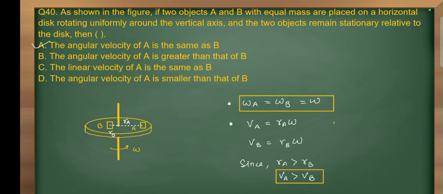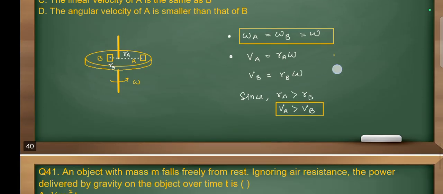Since the radius of mass A is greater than the radius of mass B, the linear velocity of the particle at A will be greater than that of the mass at B. So option A is correct.